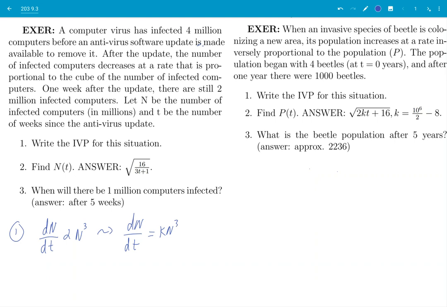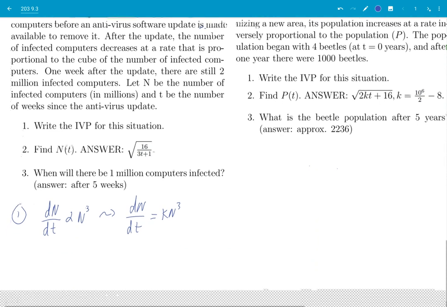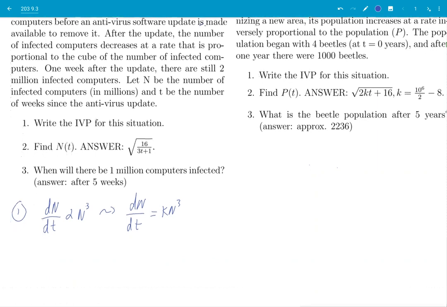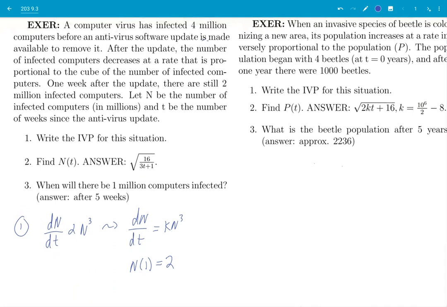Now, what are my initial conditions? Time is the number of weeks since the update. They say 1 week after the update, I have 2 million infected computers. So n of 1, I'm just going to write it as 2, where the 2 is understood to be 2 million. What other information?